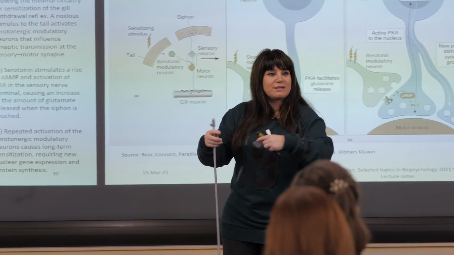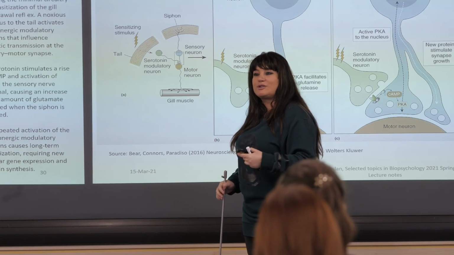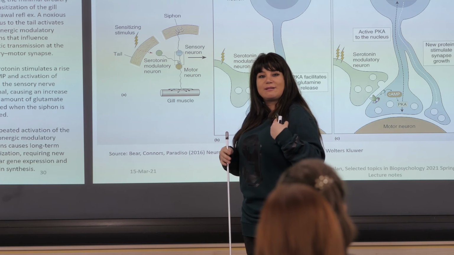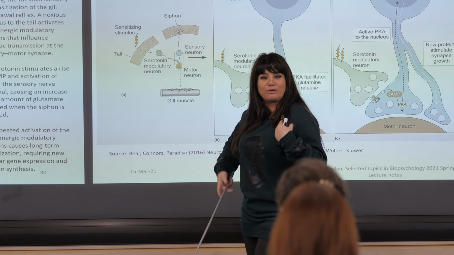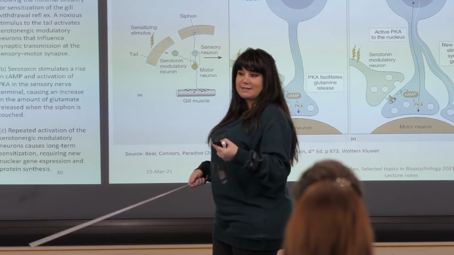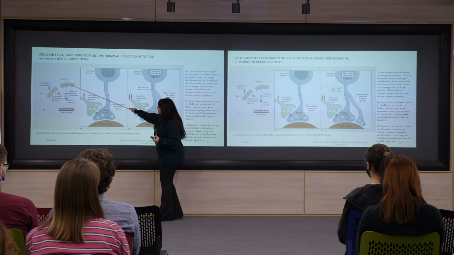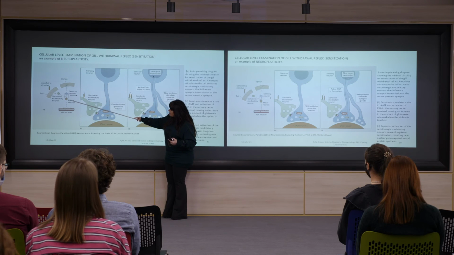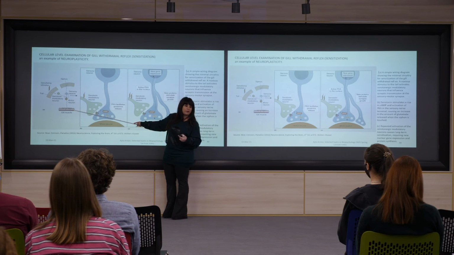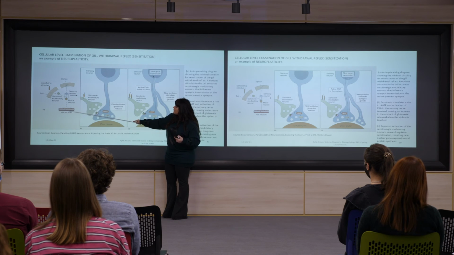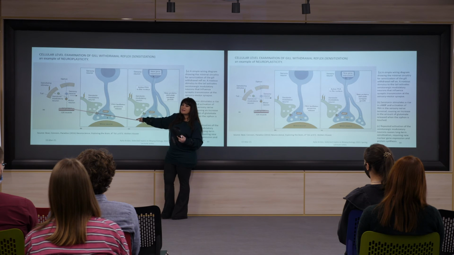The sensory neurons receive information from external stimuli and then transmit that information to other parts of the nervous system in every kind of organism, including this one. So the sensory neuron is connected with the motor neuron. The stimulation of the siphon in the sensory neuron will cause the gill muscle to be withdrawn, because this neuron is going to activate the motor neuron, which will activate the muscle cell.